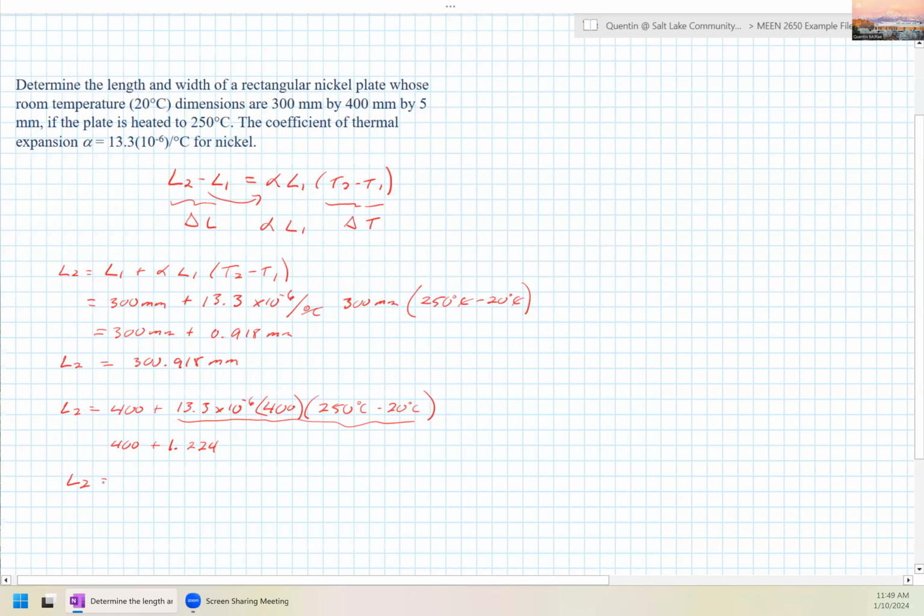So L2 is equal to 401.224 millimeters. So our 300 became 300.918 and our 400 became 401.224. So hopefully pretty straightforward.